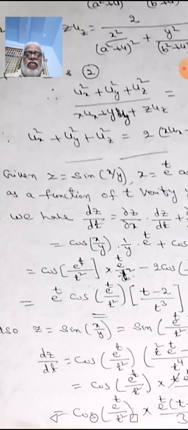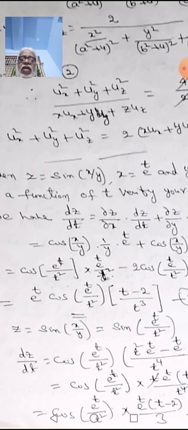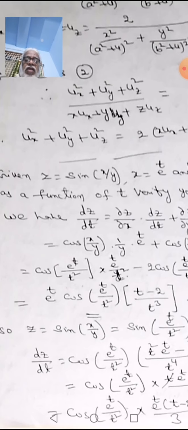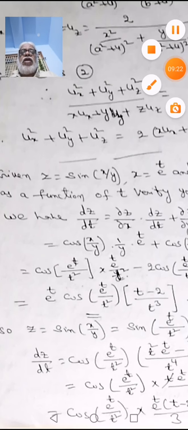See here why we change these terms into t: z is actually given in terms of x and y, but x and y can be changed into only one variable, that is t. So z is equal to sin(x/y) is equal to sin(e^t/t²).